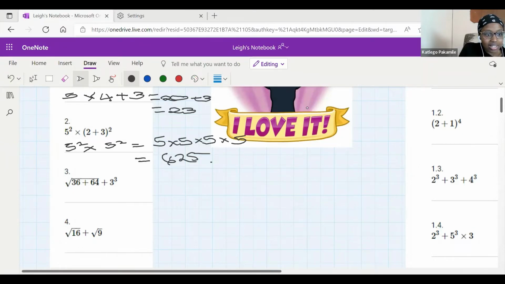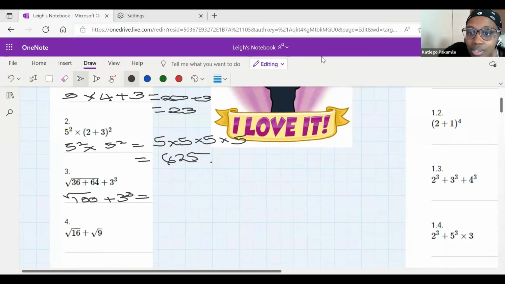So what is 36 plus 64? Who knows? 100. Okay, yes, 100, Tetelo. So this can be simplified to the square root of 100 plus 3 cubed.